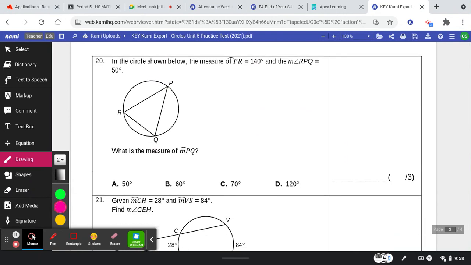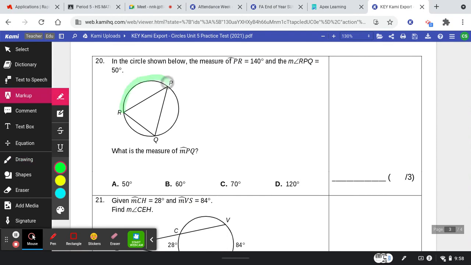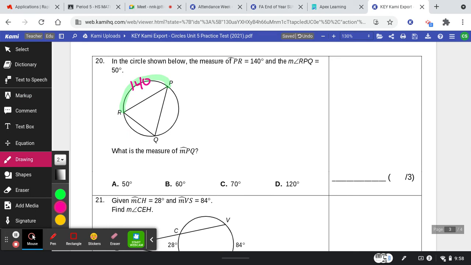Okay. Angle in the circle below, the measure of PR equals 140. Again, when I read that, I go highlight it and label it. PR is 140. Go ahead and write that in there.